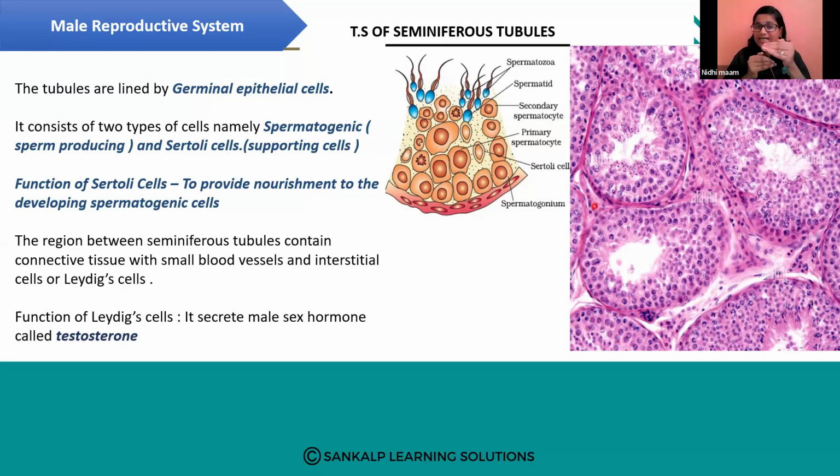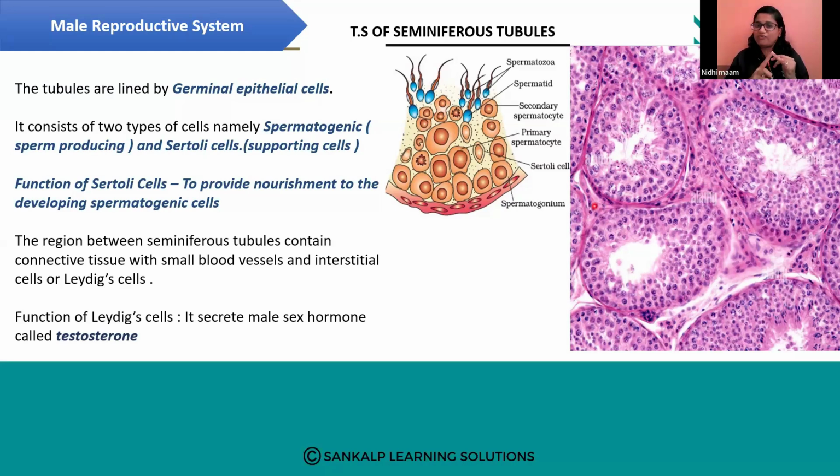Remember, they are present in between seminiferous tubules. As they are present in between, these are regarded as interstitial cells. So interstitial cells and Leydig cells are one and the same.